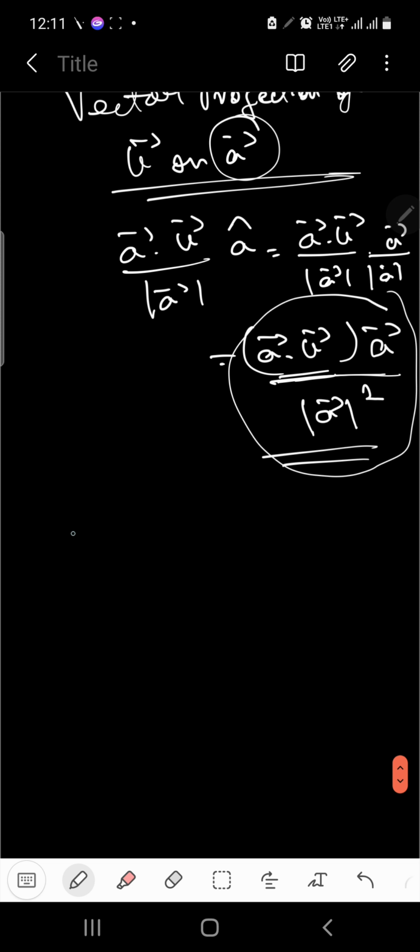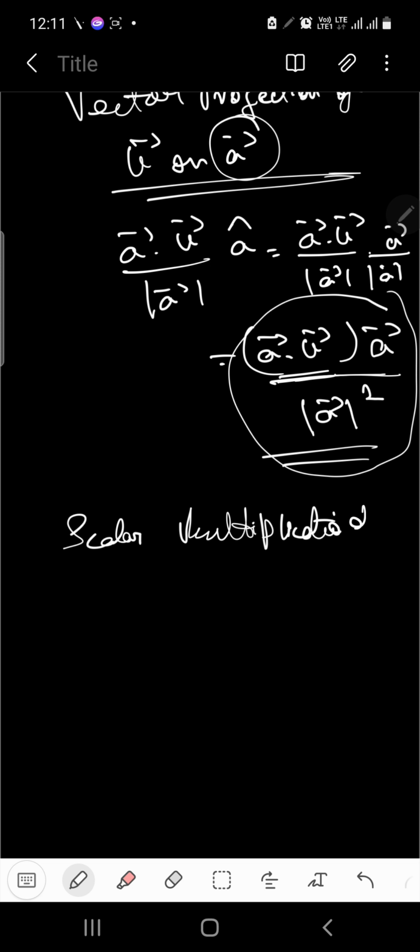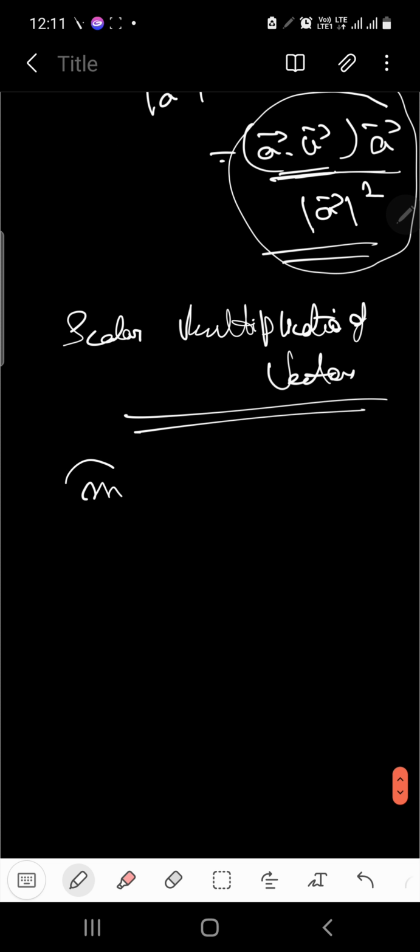Okay, talking about scalar multiplication of vectors, this is easy to understand. If m is some non-zero scalar and A is a vector, then mA is called a scalar multiplication of vector.